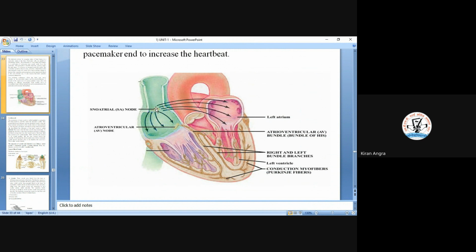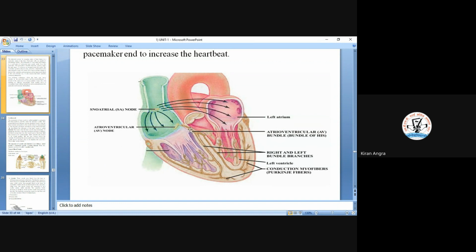The contraction starts here and spreads into both the right atrium and the left atrium, and after a slight delay it reaches the atrioventricular AV bundle. So basically they contract and spread their contractions to both the atria.